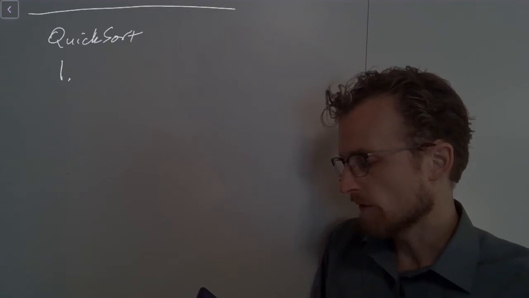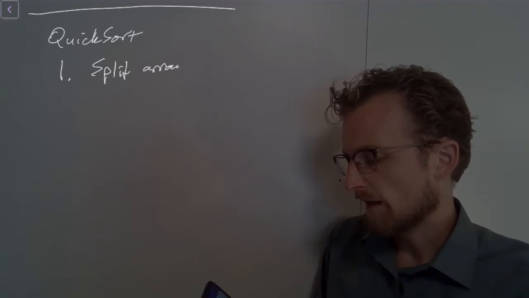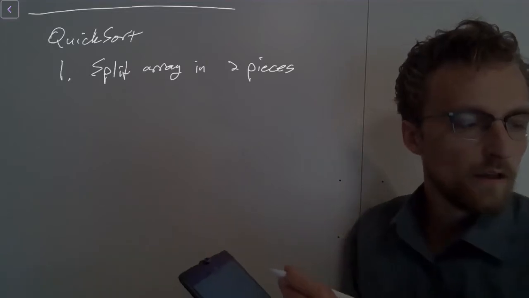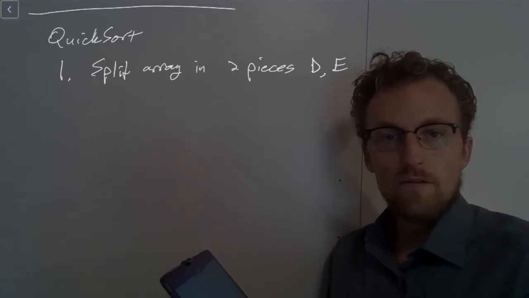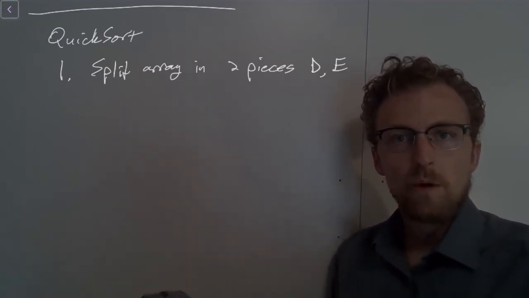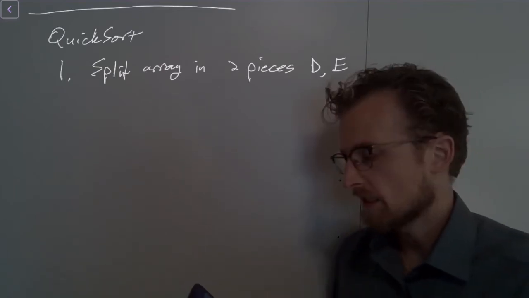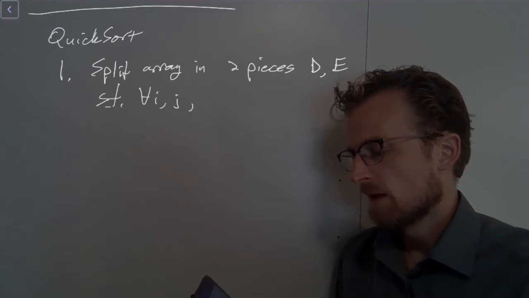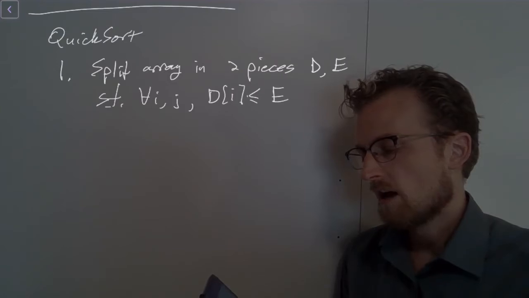In Quicksort, what we do is first we split the array into two pieces, which I'll call D and E. I won't have a guarantee that they're the same size, but what I want to guarantee is that everything in D is less than or equal to everything in E. So I'll split the array into two pieces D and E such that for all i, j, D of i is less than or equal to E of j.